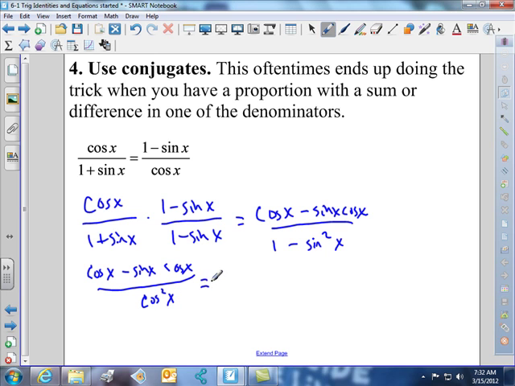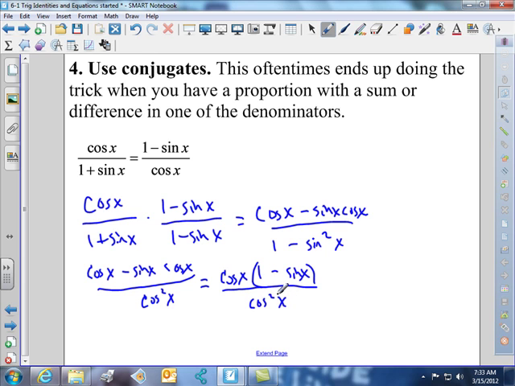Now, it's almost like I'm going in circles, because up here I distributed this cosine. Actually, as I'm looking at this, I didn't need to do that, because if I look at this numerator, I've got cosine times the quantity of 1 minus sine of x. I didn't really have to multiply that out. I didn't know that at the time, but now I do.